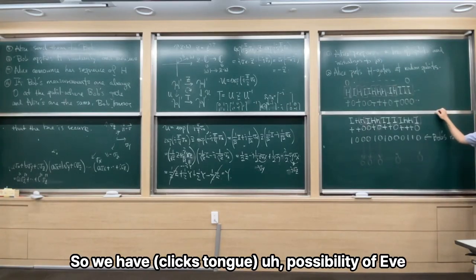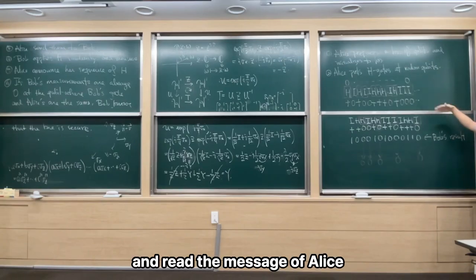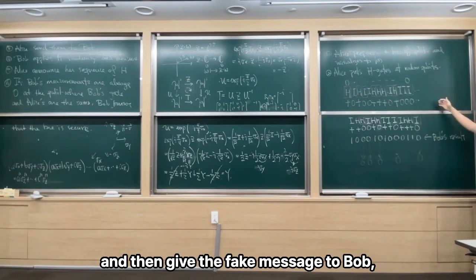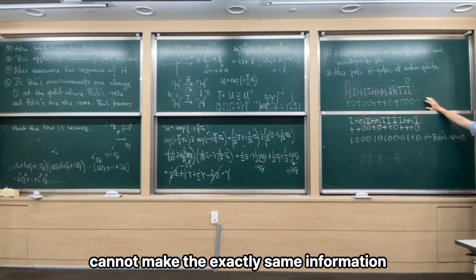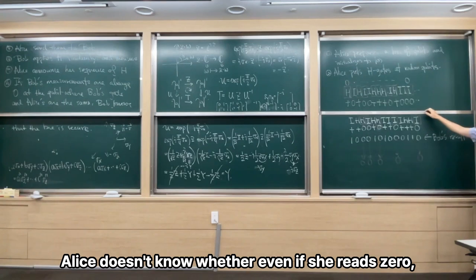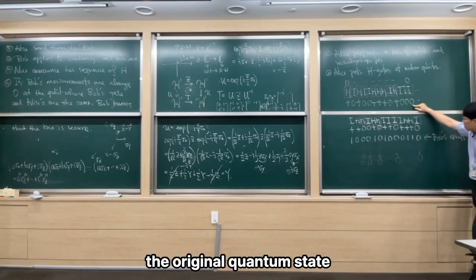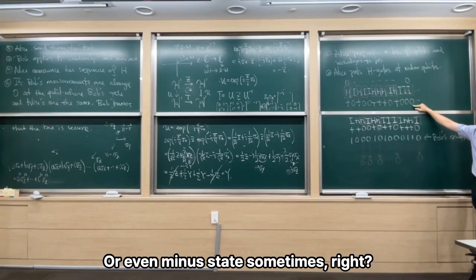So we have the possibility of Eve faking the message to Bob. If she reads the message of Alice and then gives a fake message to Bob, then Eve cannot make exactly the same information that Alice sent to Bob. It's impossible. For example, even if she reads 0, Eve doesn't know whether the original quantum state was 0 or plus state, or even minus state sometimes, right?